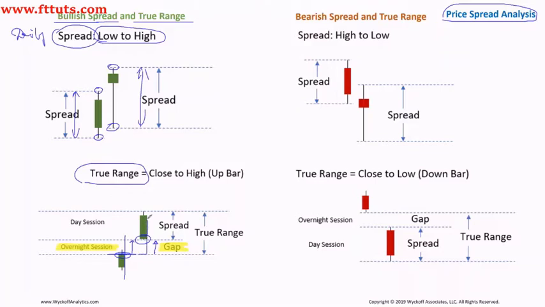So all of the movement, this difference between the high and the previous day's close, that's going to be the true range. And when we do our effort result analysis, we're going to say, on the increasing effort, we're going to see the increased result.